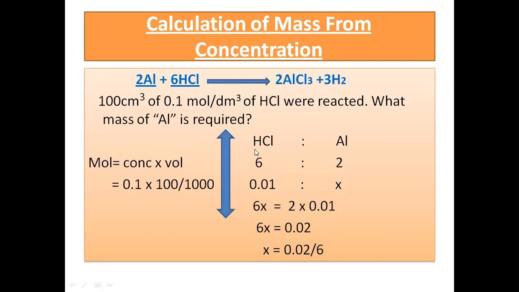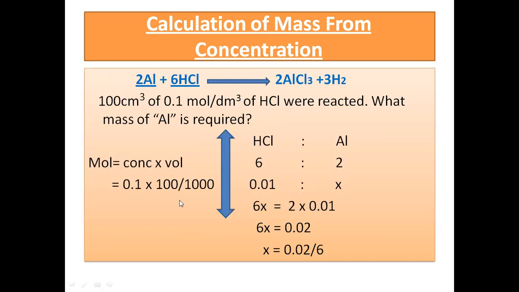So there is a stoichiometric relation between hydrochloric acid and aluminium. Hydrochloric acid ratio aluminium: 6 moles of hydrochloric acid, taken from the equation, to 2 moles of aluminium, also taken from the equation. Now in the next step, as we have to find the mass of aluminium, we will find the mole first. So it will be X, unknown.